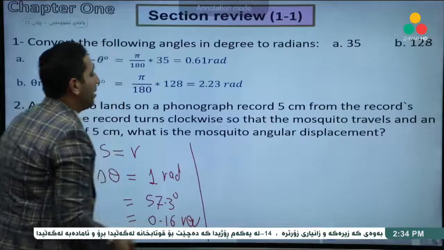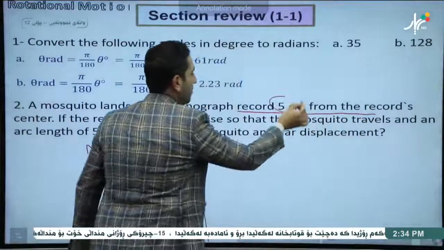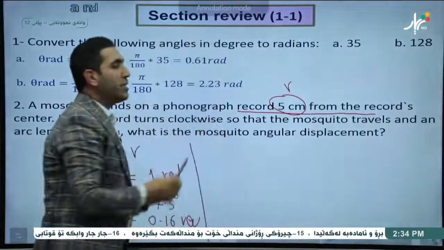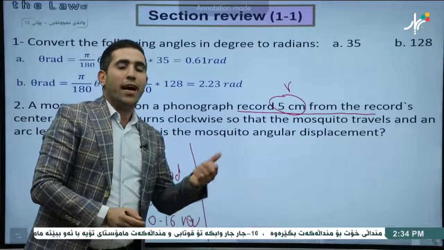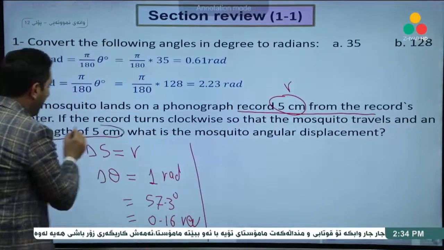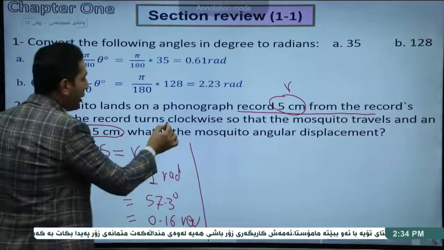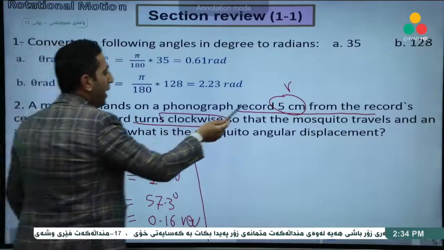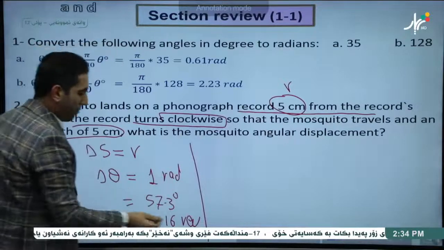Or you can solve it. I told you this is the radius, because the distance between any point and the center means the radius. And the arc length is delta S, and by clockwise direction, delta S and delta theta are negative.